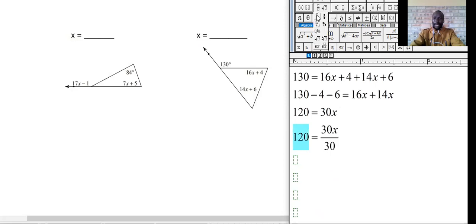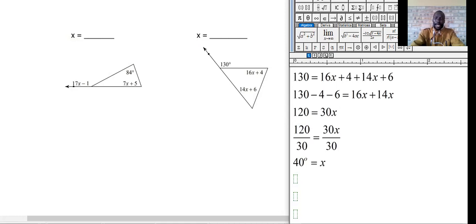Whatever is done on the left-hand side must be done on the right-hand side, and whatever is done on the right-hand side must also be done on the left-hand side. So that way we can find the value of x, and 40 degrees would be the value of x. So we say 40 degrees equals the value of x.